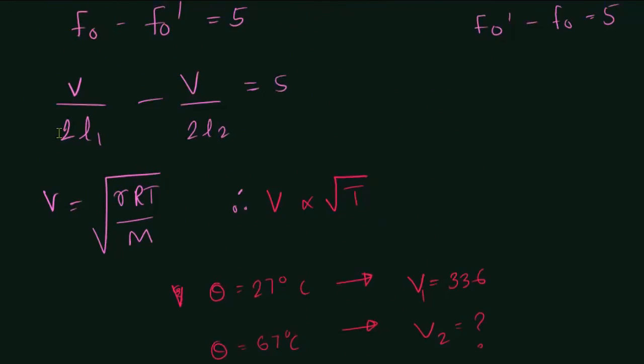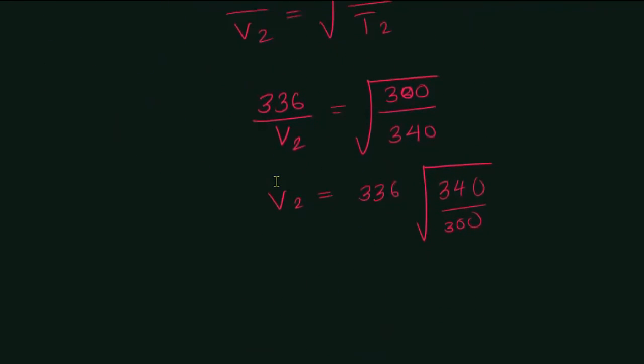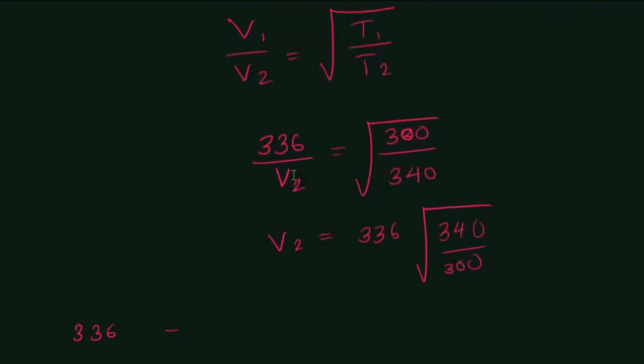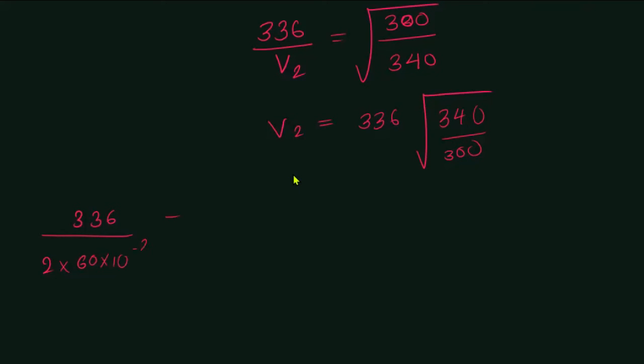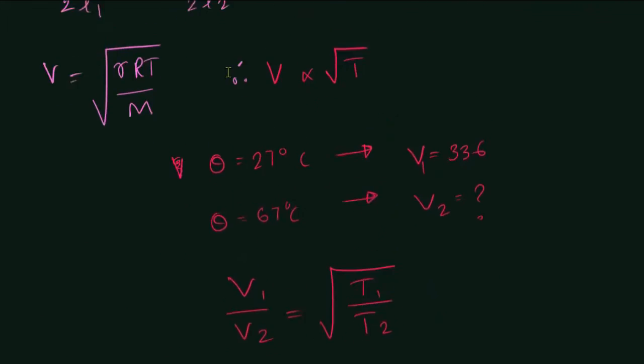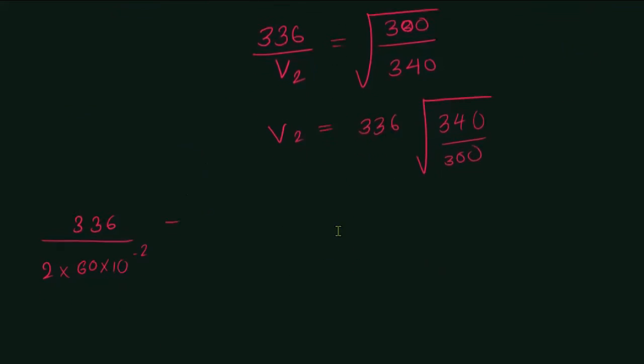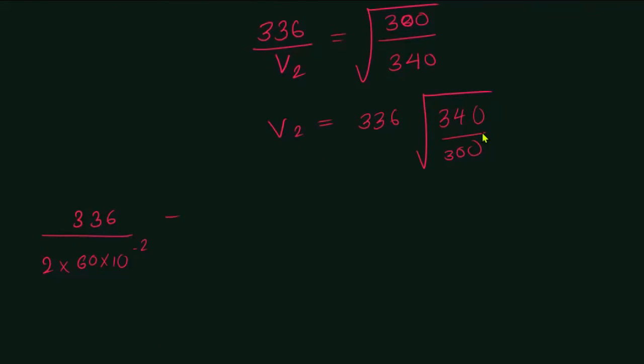So this equation I'm going to rewrite. v1 is 336, divided by 2L1, where L1 is given as 60 into 10 to the power minus 2. v2 is the velocity of sound in air when the temperature is 67, that is 336 times root of 340 over 300, divided by 2L2.